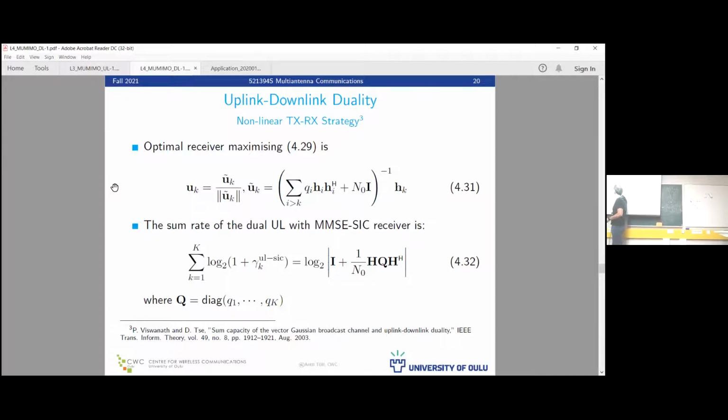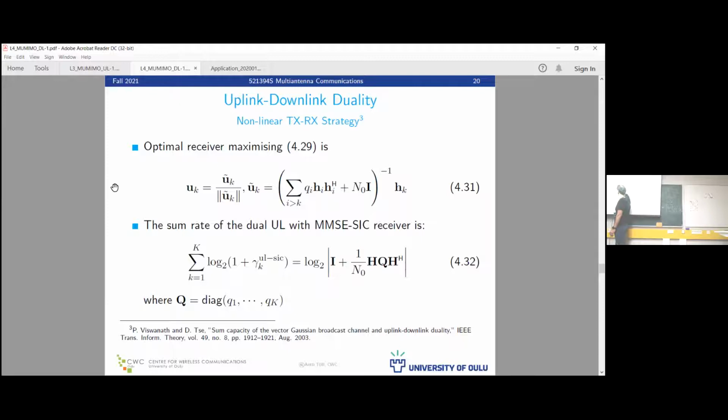Actually the real MMSE receiver should also include the own term here, but both are equal from the SINR perspective. Whether the own term is here or not, it's the same. You can show the equivalence using the matrix inversion lemma, just like in your homework. So it extends to the linear front end of the MMSE-SIC receiver. From the SINR perspective, these two versions of beamformers are exactly the same.